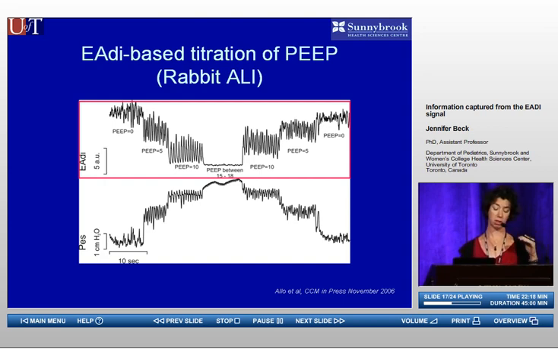So just by increasing the PEEP, we're able to allow the animal not to concentrate on the tonic activation, but now the animal could focus more on the phasic breathing. When we increased the PEEP even further, up to between 15 and 18, we actually saw an apnea in these rabbits. So this was very interesting, and it's kind of a new way of looking at the diaphragm activity, not just from the phasic point of view, but as well from the tonic point of view.